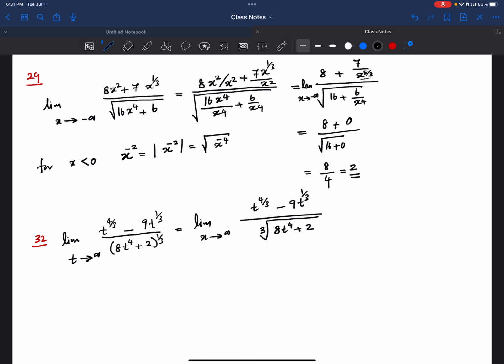So basically what we are doing is dividing and multiplying to the power 4/3.